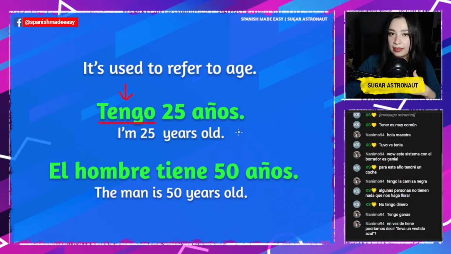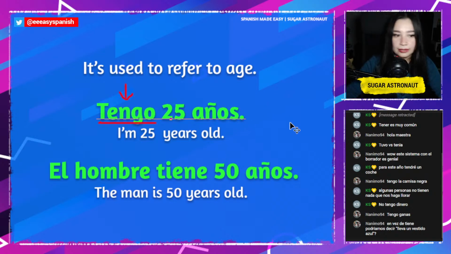So if you're thinking of using the Spanish verb ser or estar, which both mean to be, that is incorrect for this situation, okay? So you have to use tener. Yo tengo 25 años. I'm 25 years old.